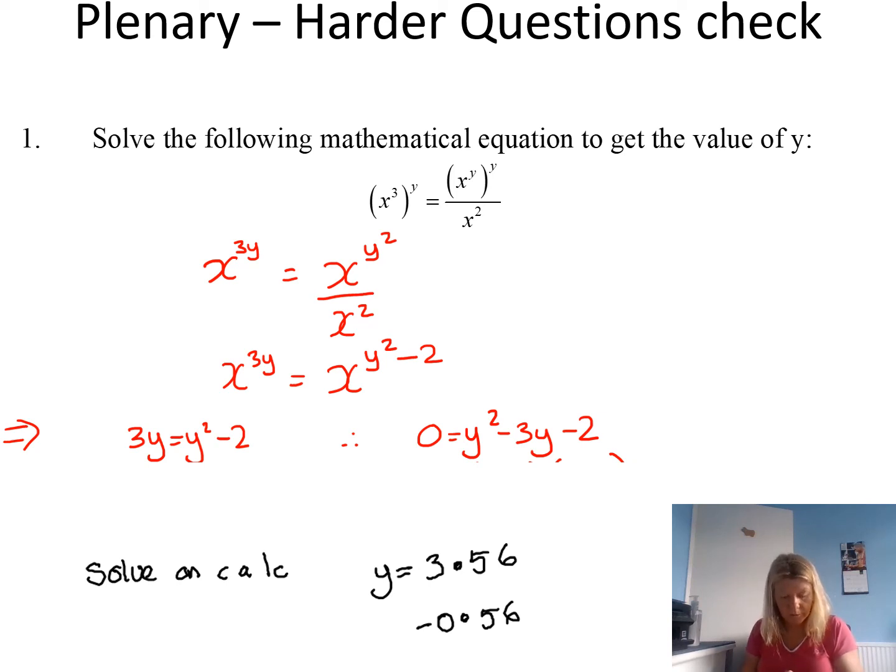You pop in 1, minus 3, minus 2, and then press equals, and it actually gives you those answers in some sort of surd form.